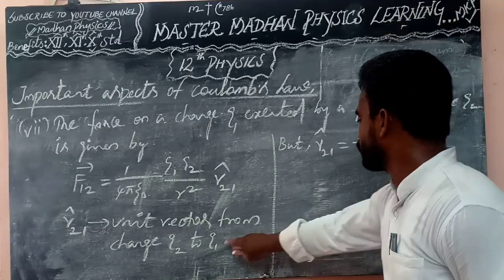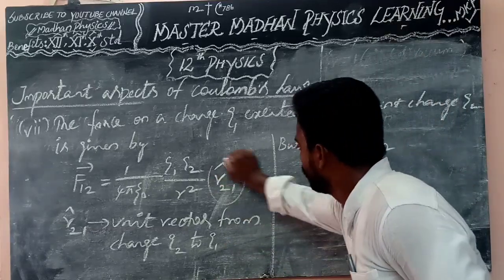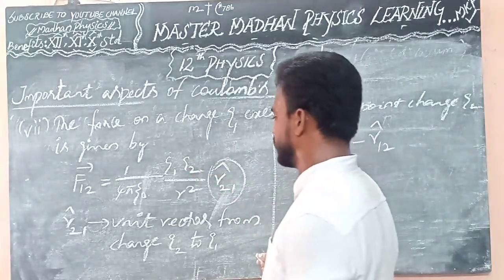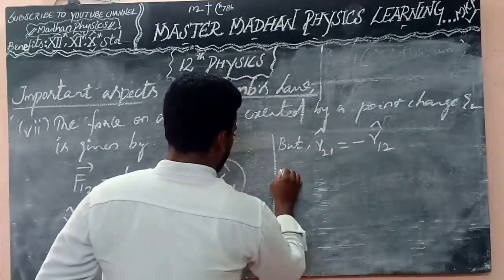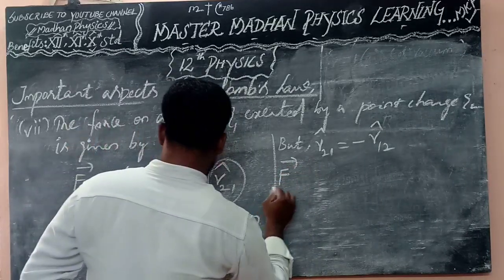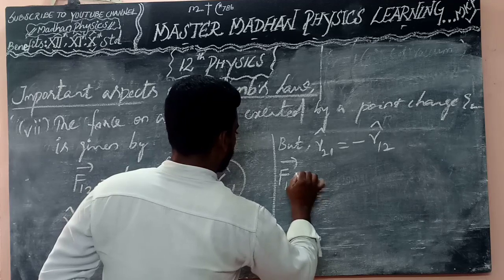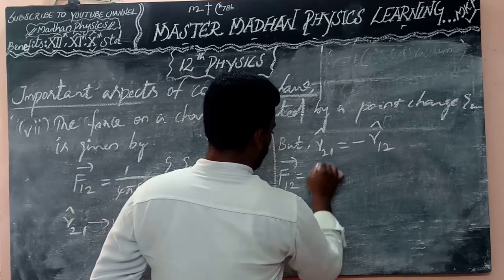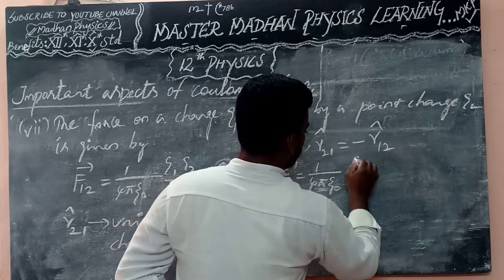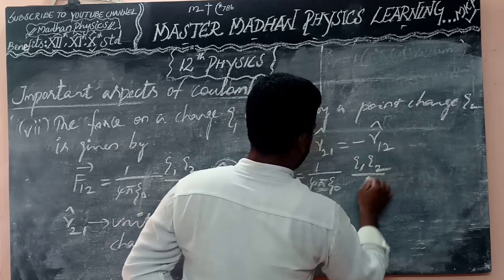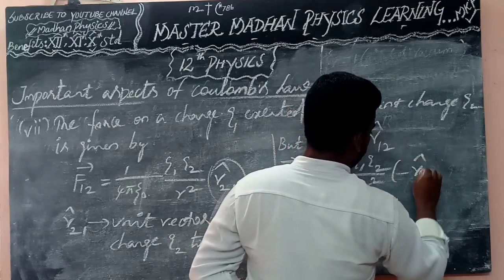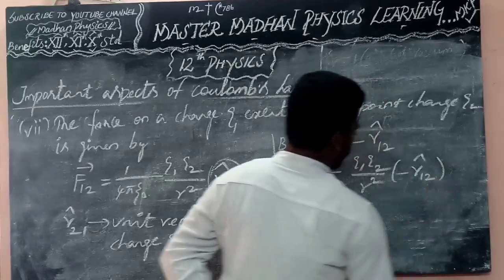So we have to substitute this value of R cap here to form the equation: F vector 1 2 is equal to 1 by 4 pi epsilon naught Q1 Q2 by R square times minus R cap 1 2.